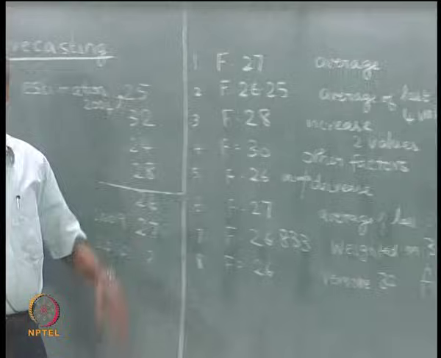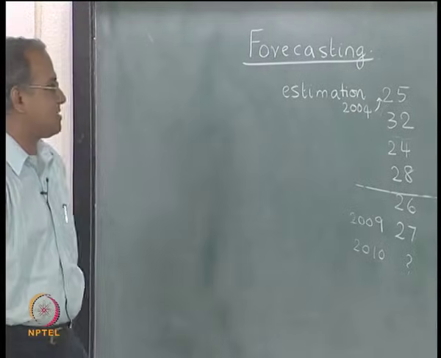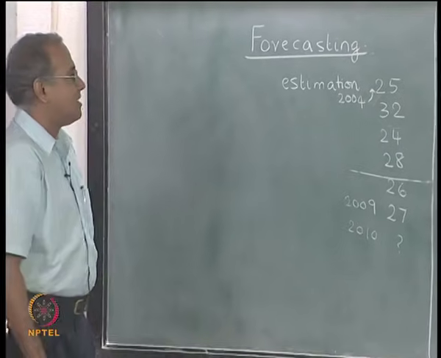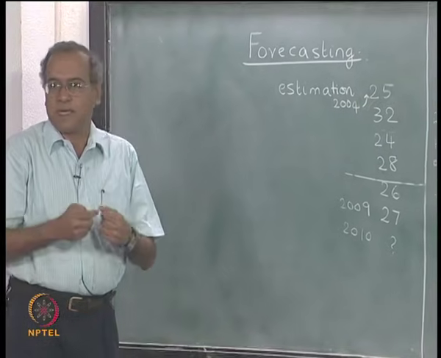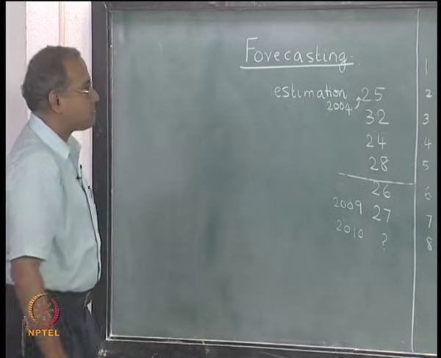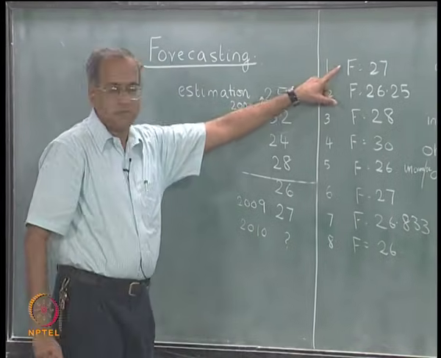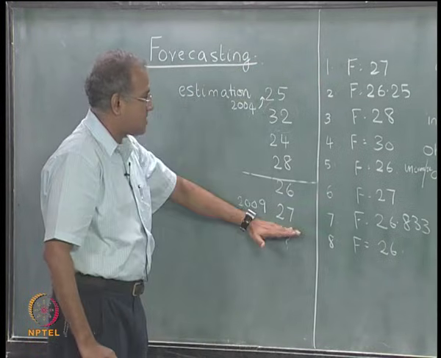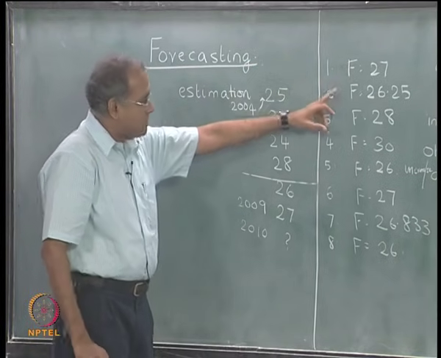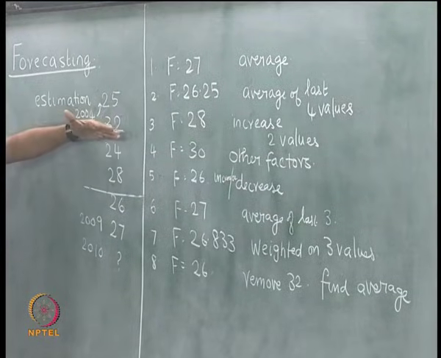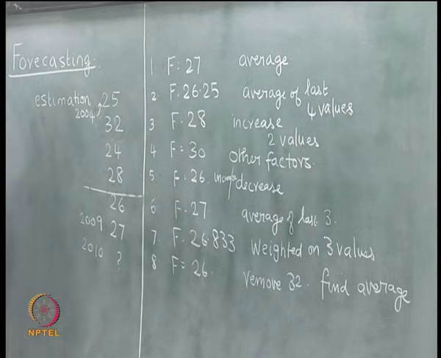Now, let us look at each of these 8 answers and more importantly the reasons associated with these answers and try and learn some aspects of forecasting. Now, this is centered around the average, which is a measure of central tendency of this data. This is also centered around the average, even though smaller or less amount of data and more recent data has been considered.